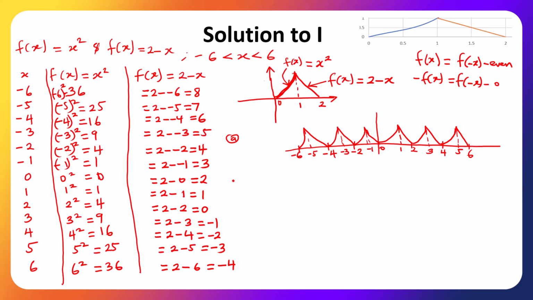The given function is something that looks like this. So now I'm trying to plot the function for which f of x is even and periodic of period 4. So it looks something like this.